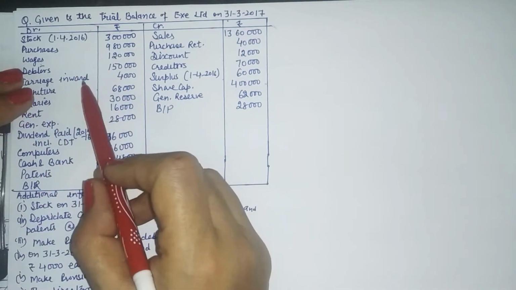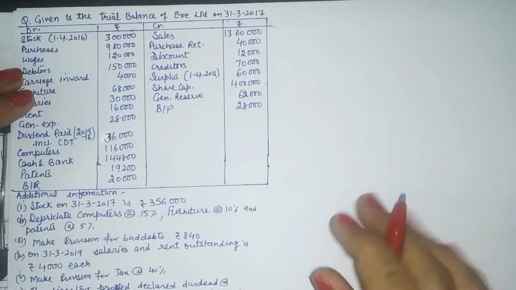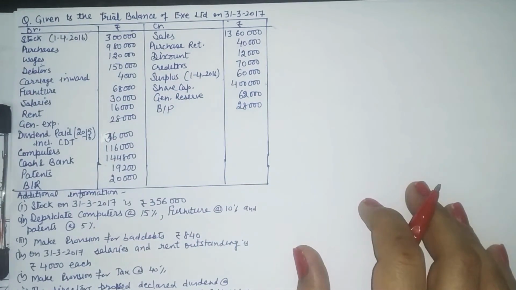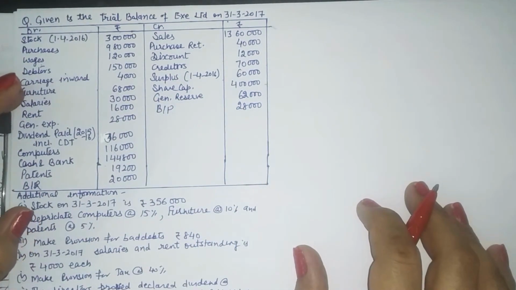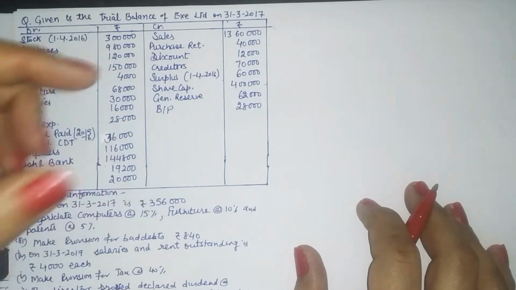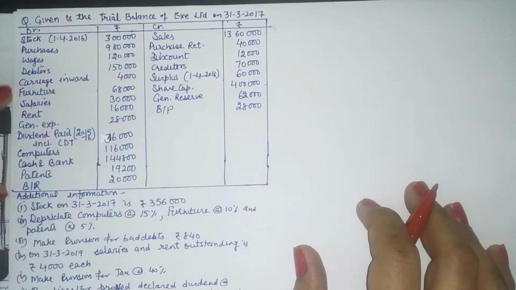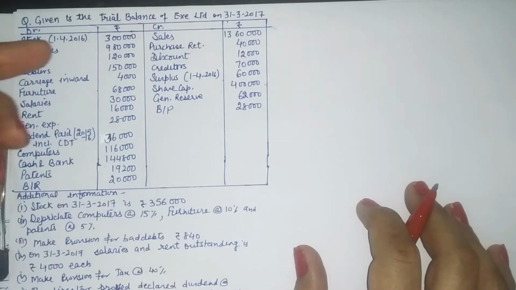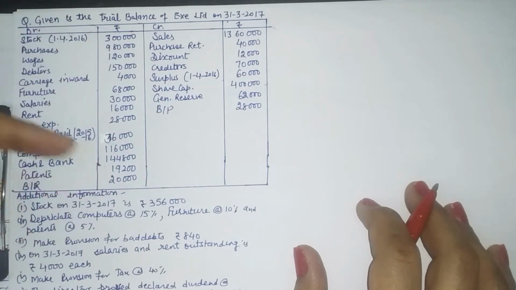Carriage inward is added with the purchases to find out cost of material purchased. We must remember cost of material purchased is the cost of purchase plus the amount that you spend to bring the purchase into your place of business. So carriage inward. Inward means you have paid this carriage amount to bring the goods into the business. So inward will be added with the purchases.